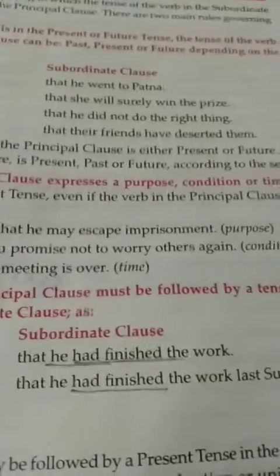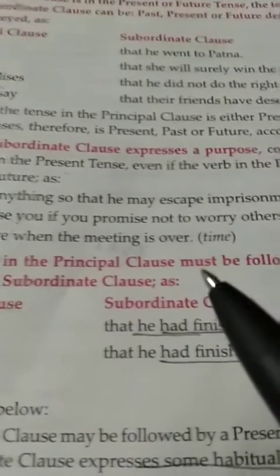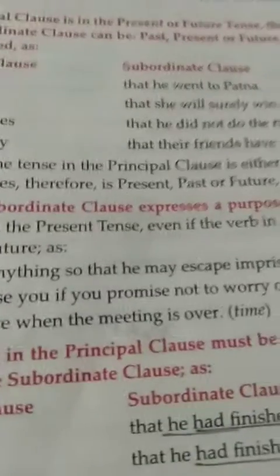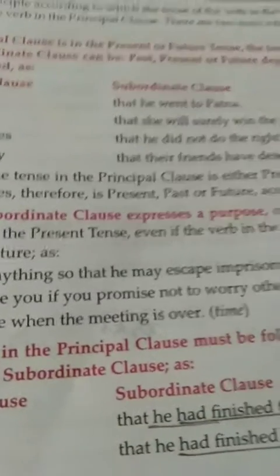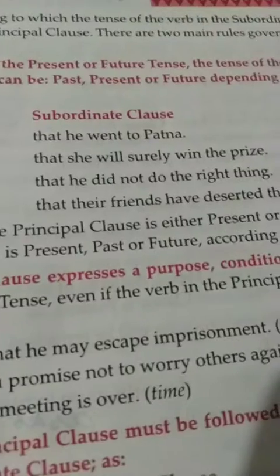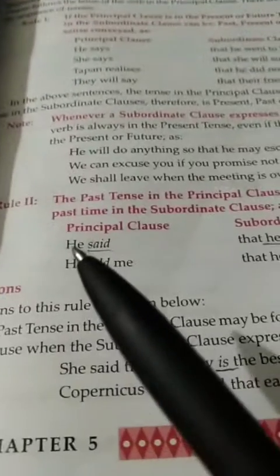Now the second rule. In the second rule, you can see in the book that the past tense in the principal clause must be followed by a tense of the past time only, means any form of the past tense. The past tense in the principal clause, here you can see, he said.